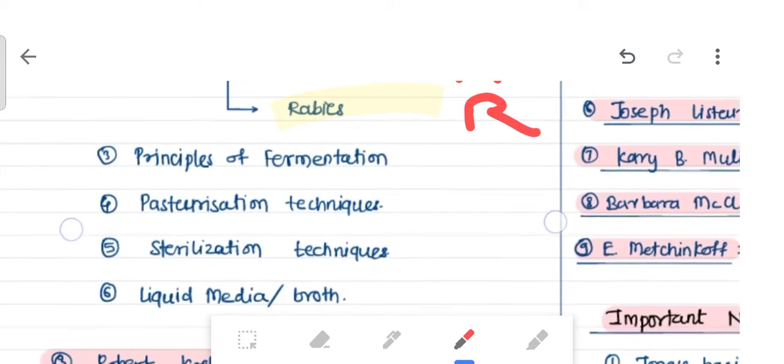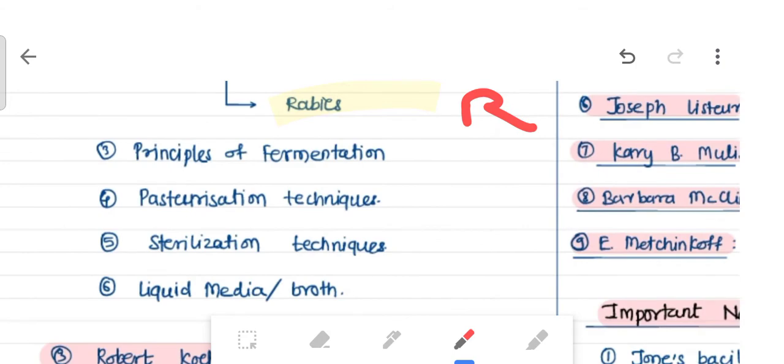Then the pasteurization technique. Louis Pasteur's name gives it the name pasteurization method. It is a sterilization method for milk. In this we use two methods, the Holder method and the flash method.